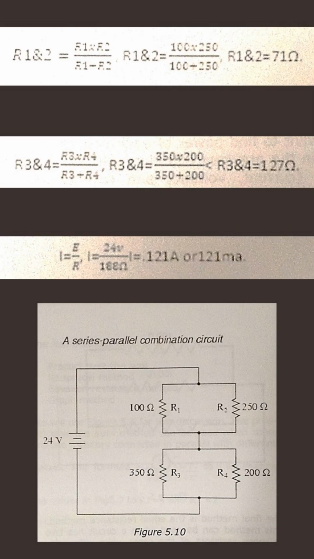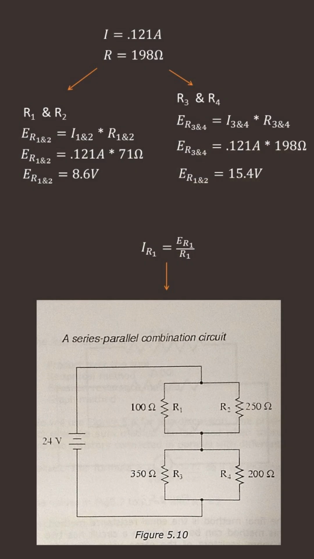We know current will be the same in a series circuit, 0.121 amps in R1 and 2 and 0.121 amps in R3 and 4. With the resistance and the current, we can now find the voltage across ER1 and 2 and ER3 and 4. ER1 and 2 equals I1 and 2 times R1 and 2.